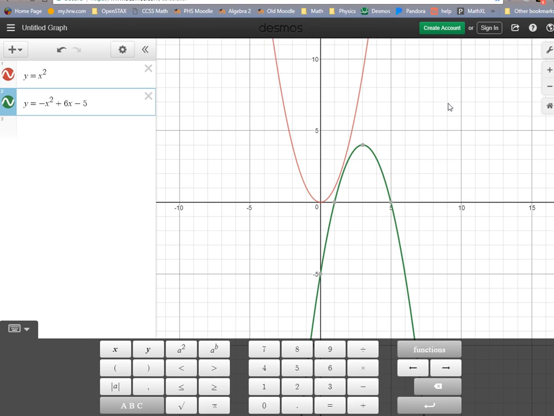Okay, it looks like maybe there's going to be one. Well, let's see, we could draw these if I zoom way in.